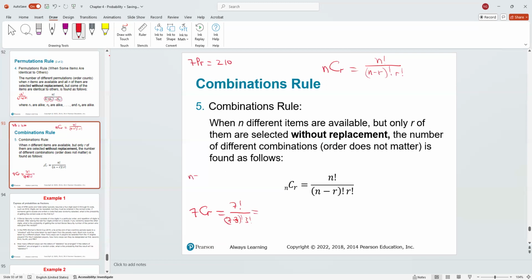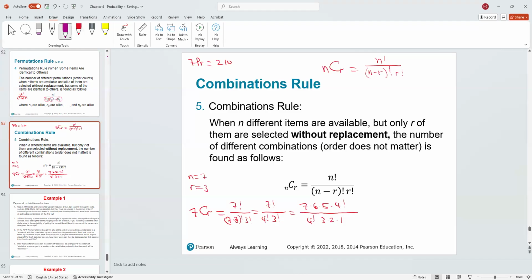Remember, n is 7 and r is 3. So we have 7 factorial over 4 factorial times 3 factorial. We have 7 times 6 times 5 times 4 factorial. If you want to go all the way down, it's fine too. And we have 3 times 2 times 1.